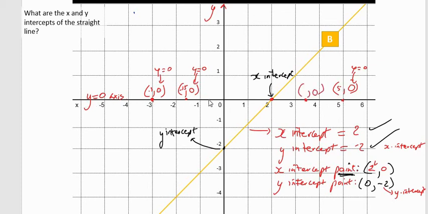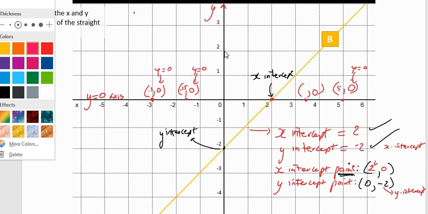Although this is the x-axis, every point on it has a y coordinate of 0. We call it the y equals 0 axis because all the points on the x-axis have y equal to 0. So rather than saying the x-axis, we can say the y equals 0 axis because every point found on it, y is 0.